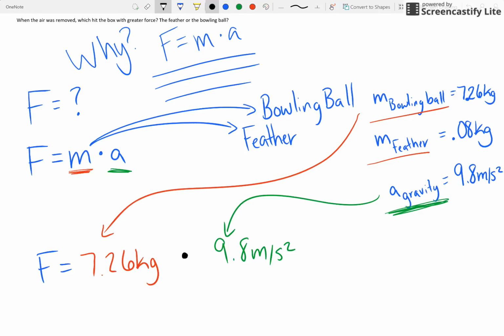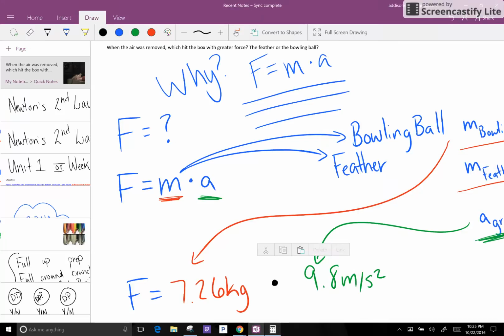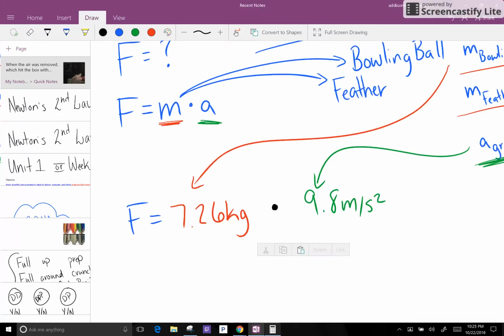I'll multiply these two. 7.26 times 9.8 equals 71.148. I'm just going to round that up to 71.15.